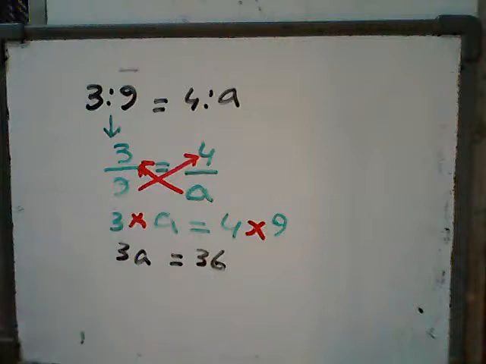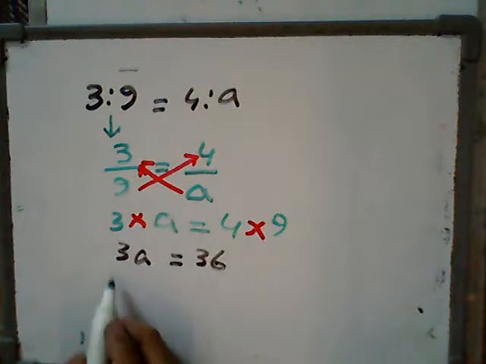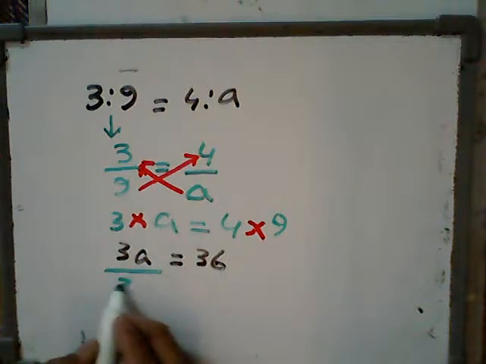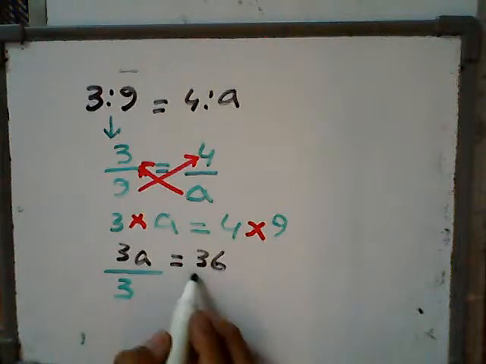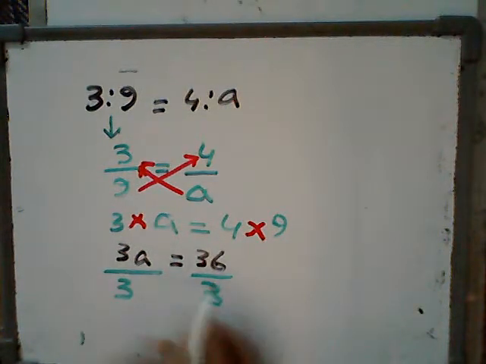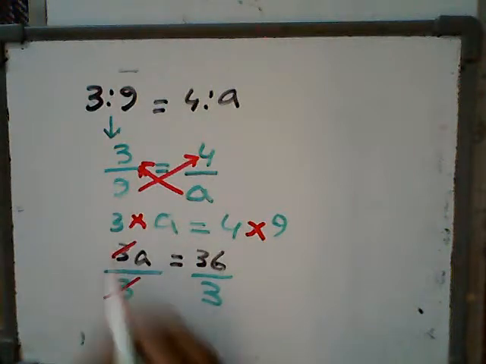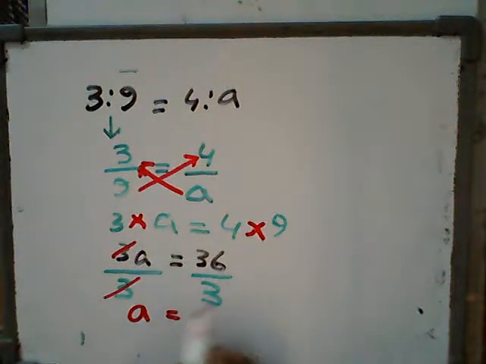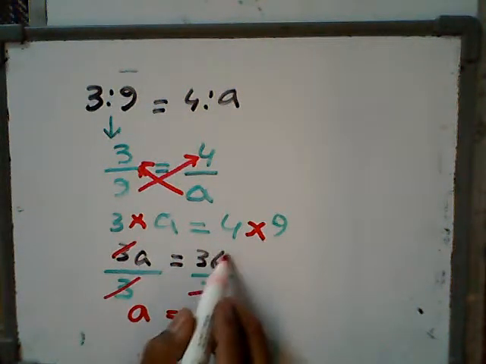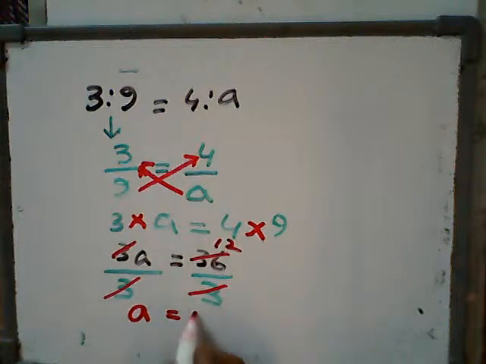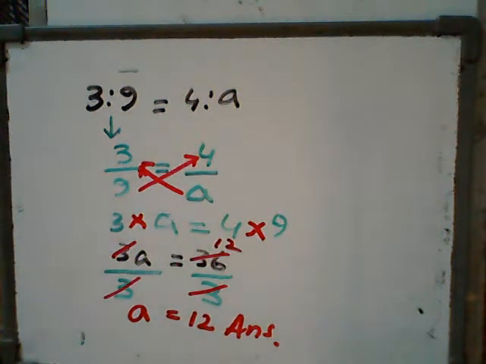So we may divide it by the same number, and to keep it balanced, we'll divide both sides by the same number. So a is equal to 12. So we found the value of a in this fraction.